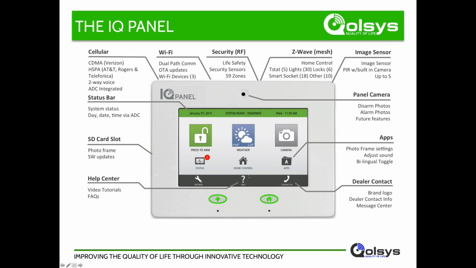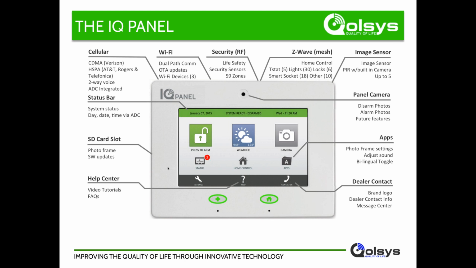So we just tweaked that a little bit, and we turned that into a help video center where customers can watch short 30-second videos on how to use the system, how to arm, how to disarm, how to bypass sensors, things like that.